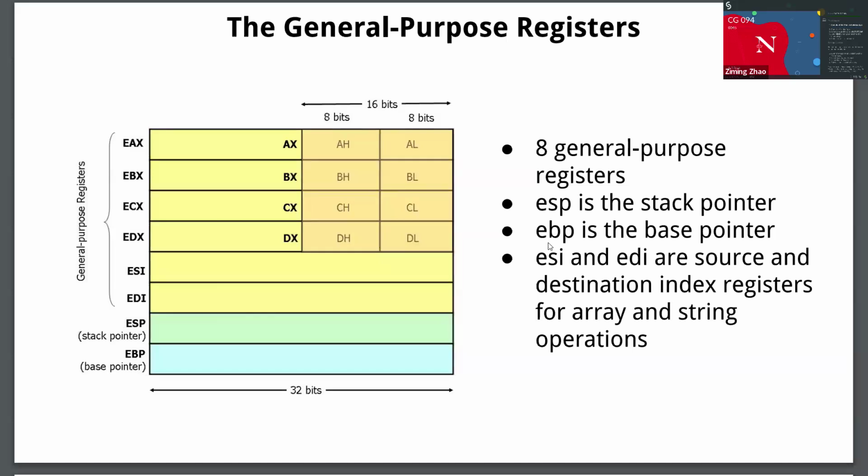ESI, you can remember this as source index, so you can store whatever the source is. EDI is destination index. ESP is a stack pointer. EBP is a base pointer, also what we use on the stack. So those are the registers very important for stack-based buffer overflow. So those are the 8 general purpose registers.